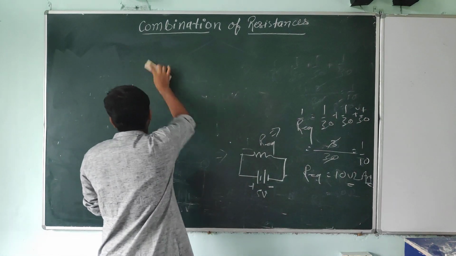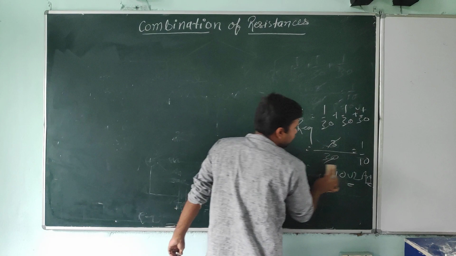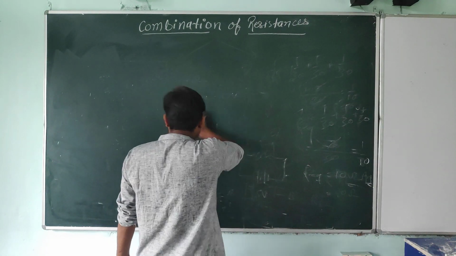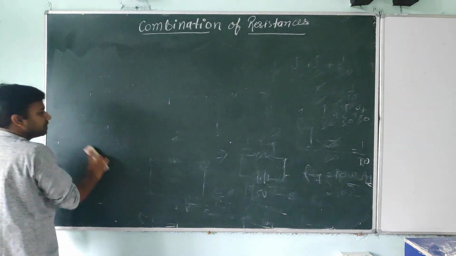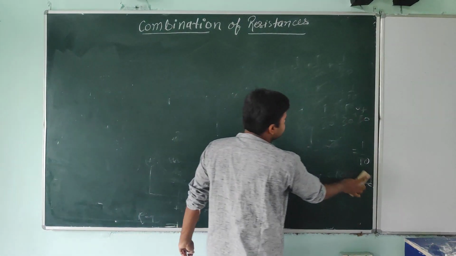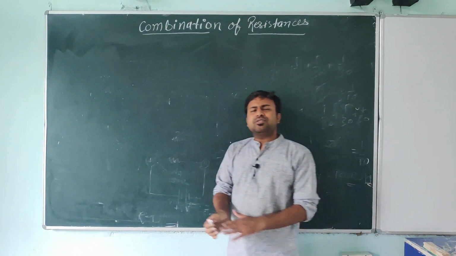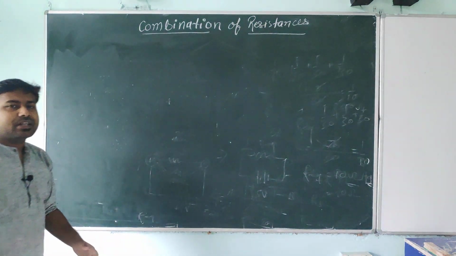Someone who is preparing for NTSE and Olympiad exams, I will discuss those methods also. But in general, those who are just preparing for the board exam, these concepts are sufficient for you. Practice the assignment questions, that is sufficient. In the assignment we have 40-50 questions based on series and parallel combination.